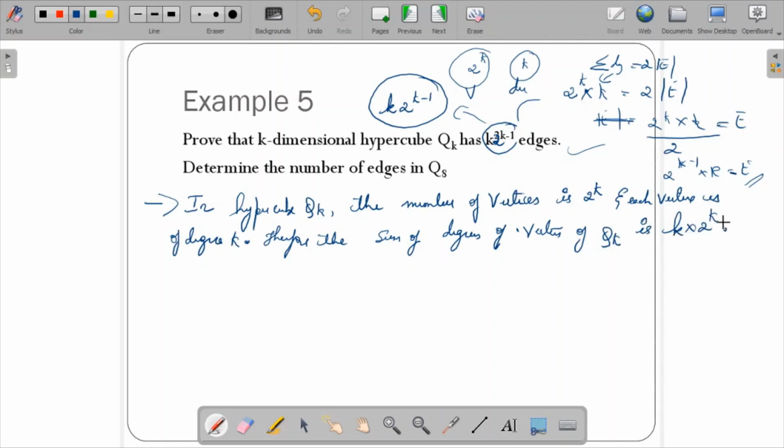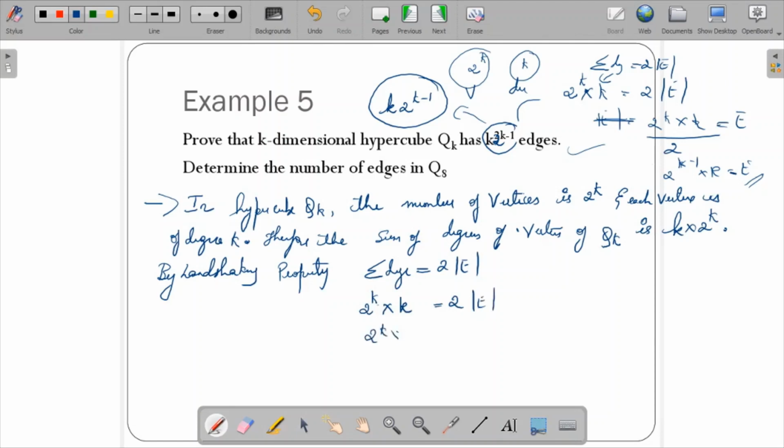By the handshaking property, we know that the summation of degrees is equal to twice the number of edges. Here the summation of degrees is the number of vertices into degree, so 2 to the power k into k equals twice the number of edges. That would be 2 to the power k into k divided by 2 equal to edges.